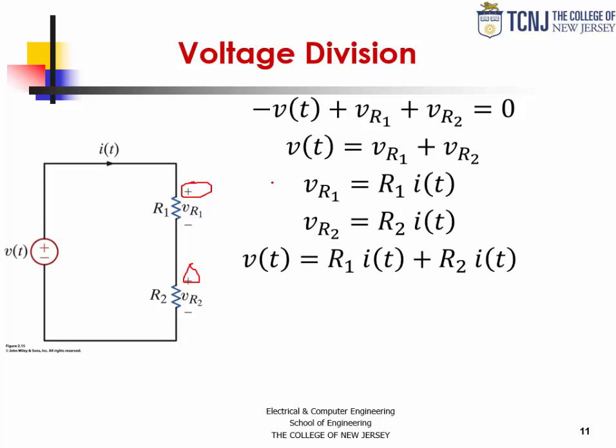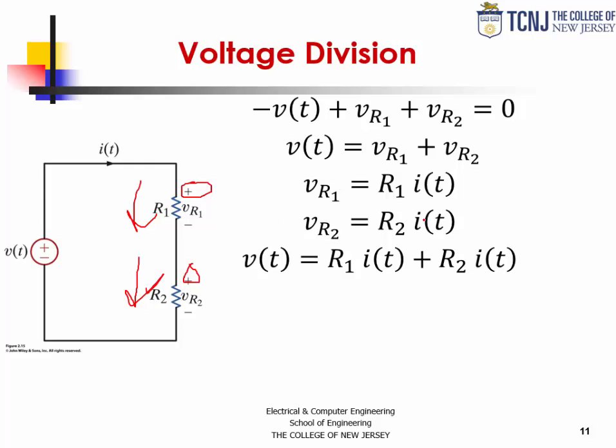Then I recall Ohm's law for each of the individual resistors, and I say that the individual voltage across each of the resistors is equal to the resistance times the current. Notice that in the loop we have a single current. The current through this resistor is the same as the current through this resistor because they are on the same branch.